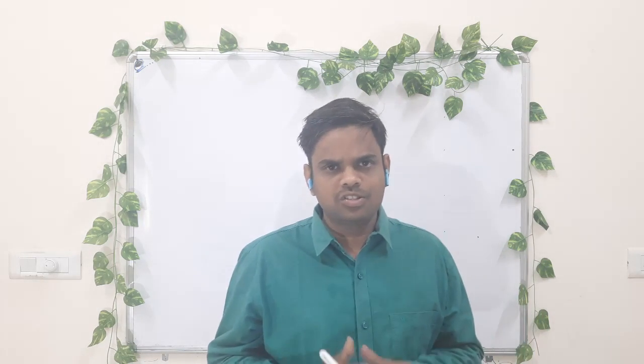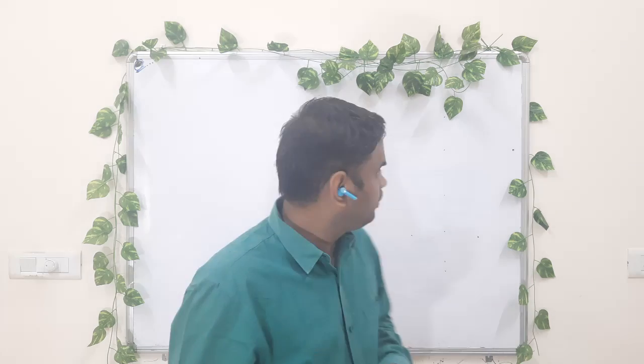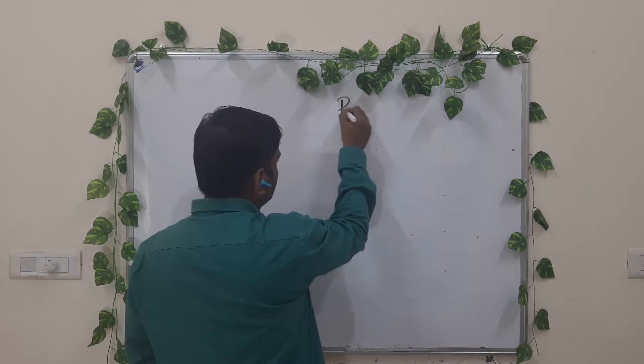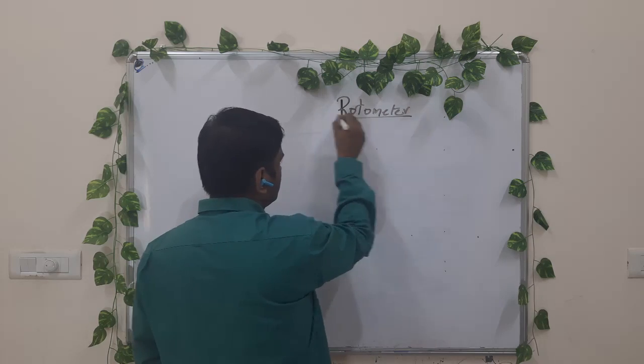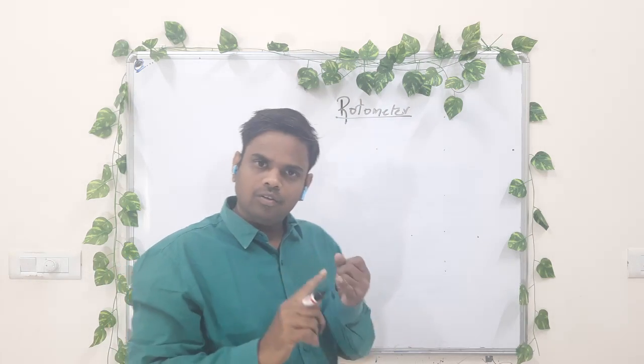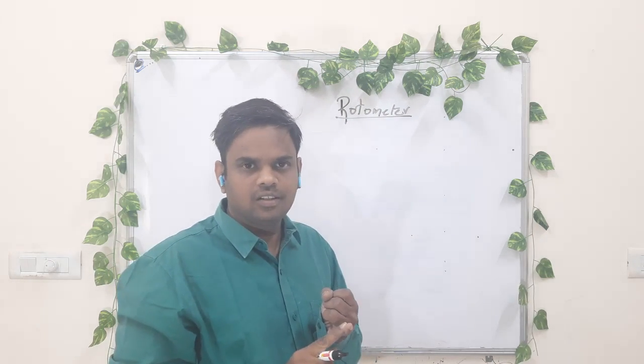One of the examples for variable area meters is the rotameter. A rotameter is a flow measuring device.